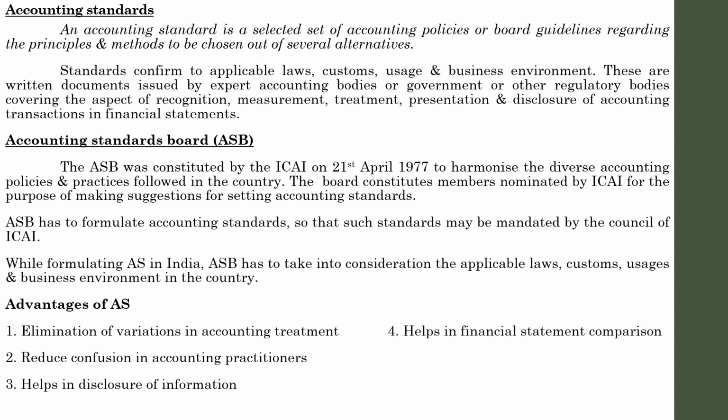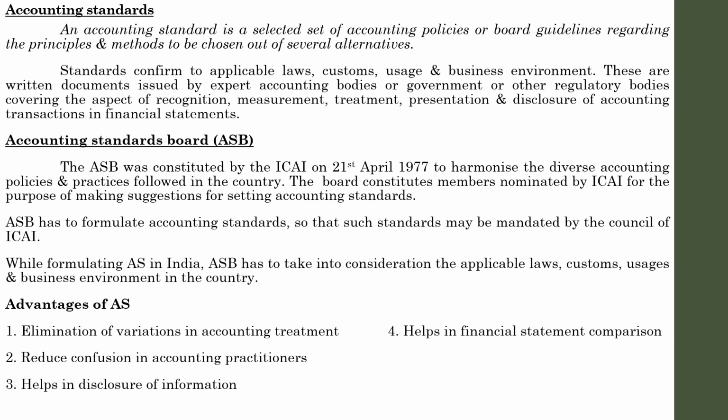Next is helps in comparison of financial statements. That is one of the most important requirements of maintaining this uniformity, because there are different concerns, and if I plan to invest my hard-earned money in these concerns, I don't have such funds to invest in all of them. I will have limited resources to invest, so I have to decide according to the information provided by all these concerns.